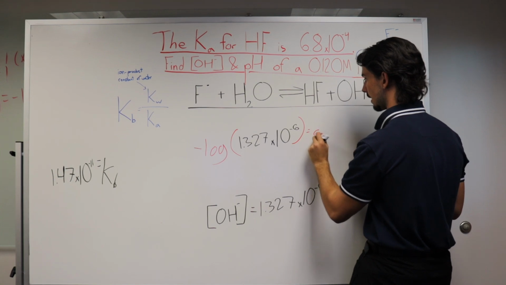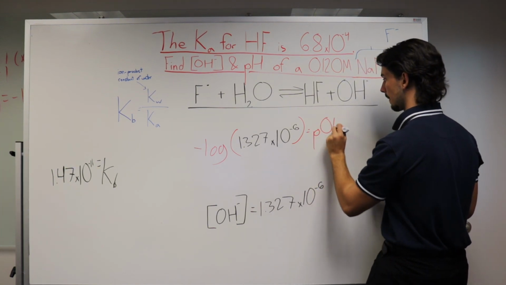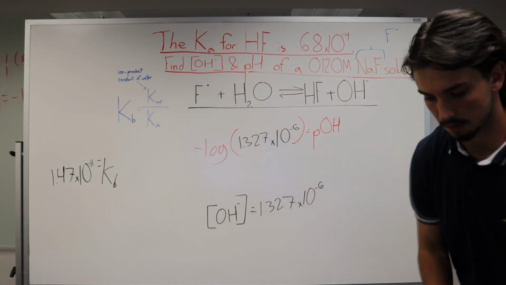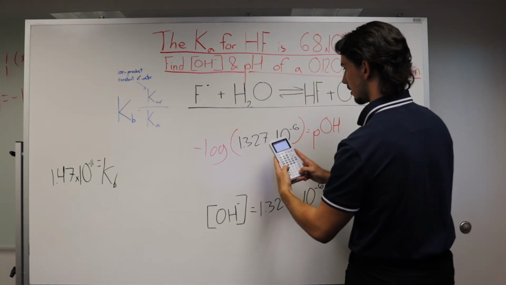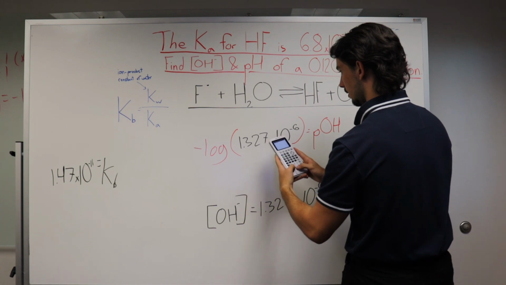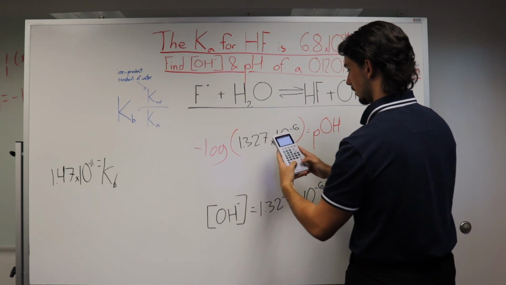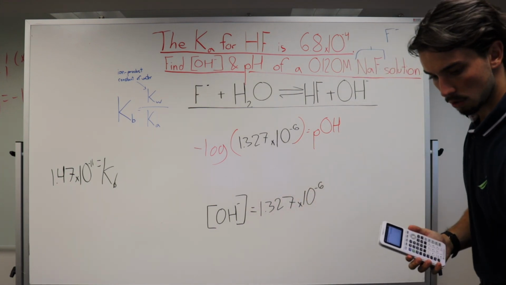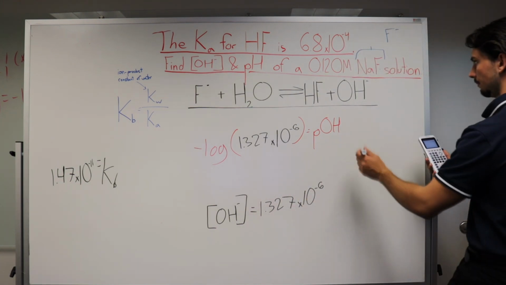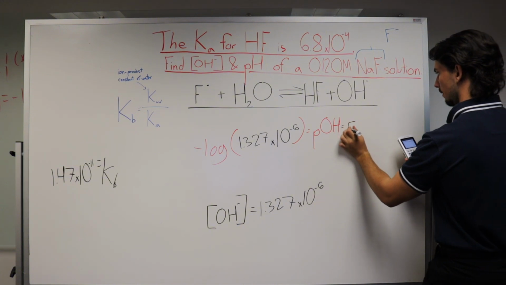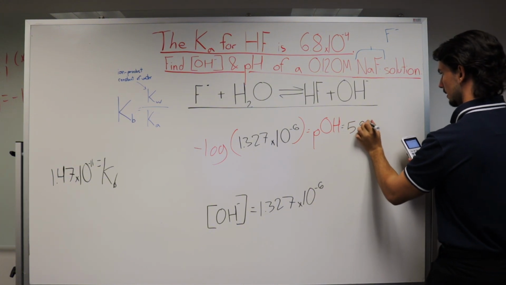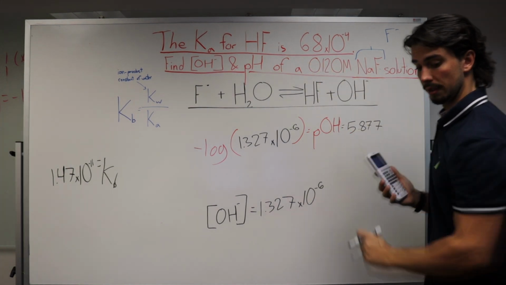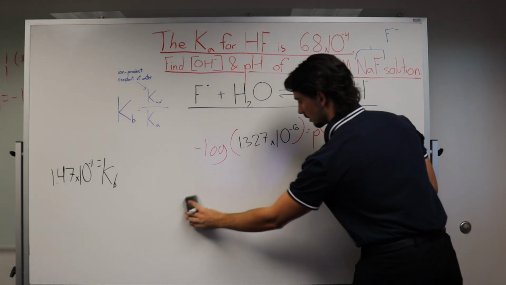This will give us our pOH. When we do that with the calculator, negative log of 1.327 times 10 to the negative 6 is going to give us a pOH of 5.877.